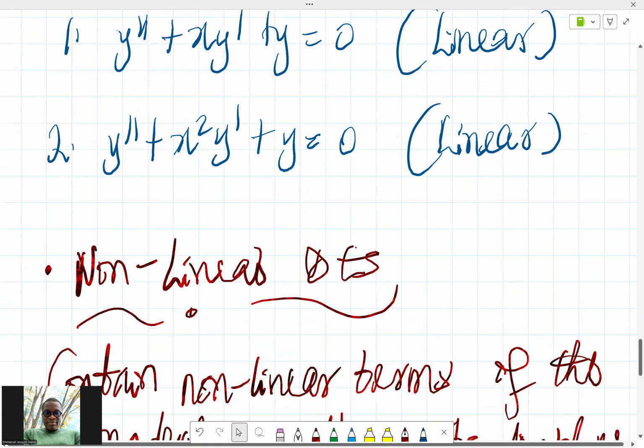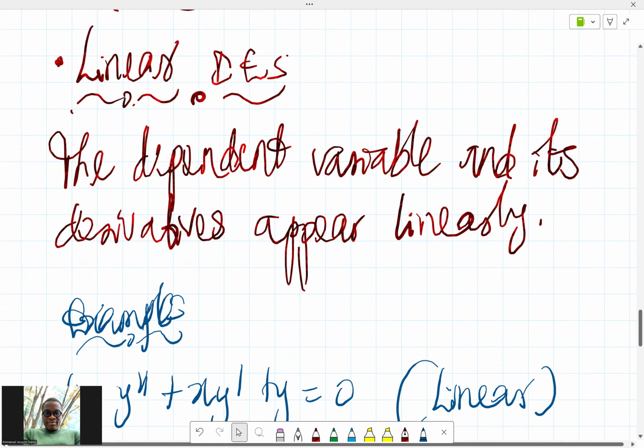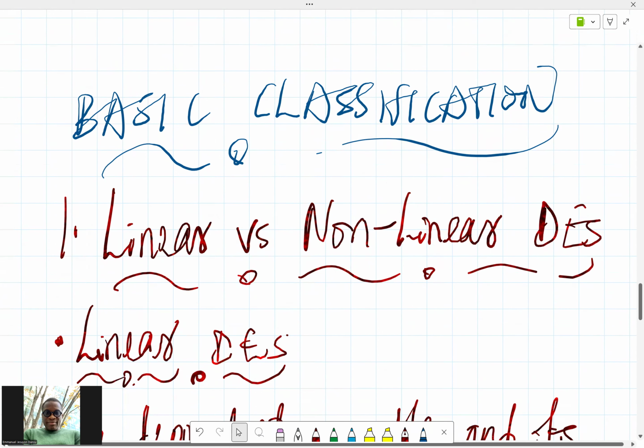So we have seen the first classification, linear versus non-linear differential equations.